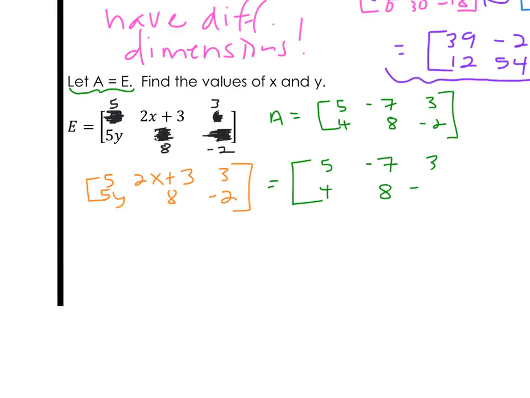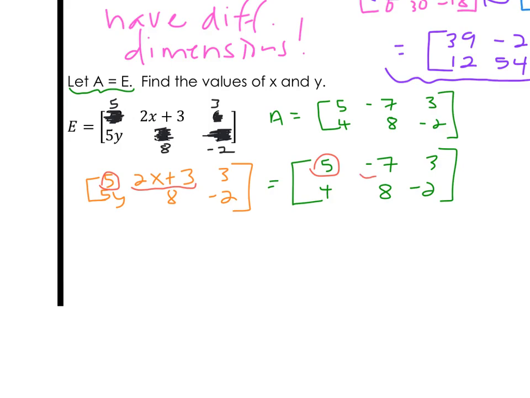Now the rule would be if the matrices are equal, each set of corresponding elements would have to be equal as well. Now if we look at row 1, column 1, that matches row 1, column 1, so that makes sense. Not sure what I was doing with matrix E prior to that. But then in row 1, column 2, notice I have 2x plus 3 and negative 7.